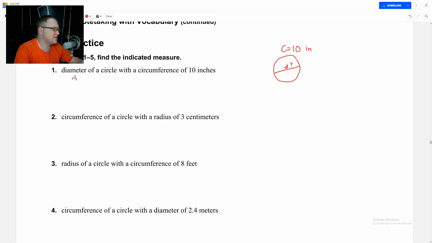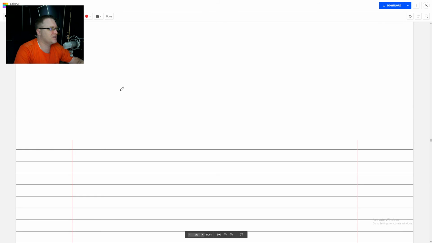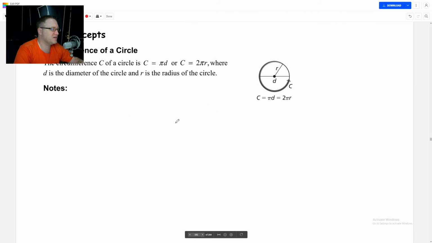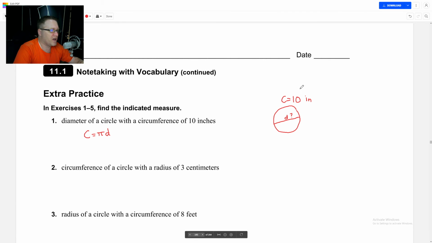Well, remember, we know that the circumference of a circle equals pi times D. We just talked about our formulas up here: C equals pi D. So we already know that C equals pi D. Now here we know that 10 is going to equal pi times D. But we want to know what D is.